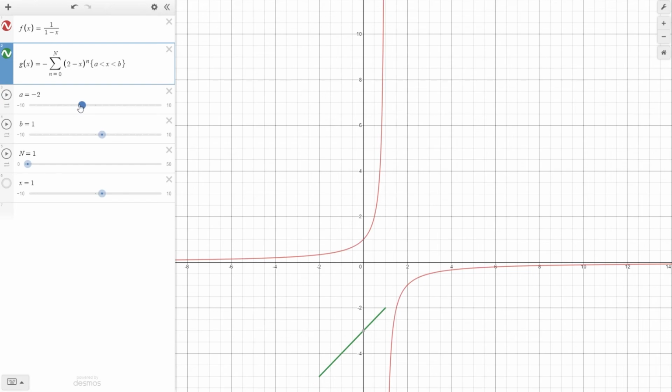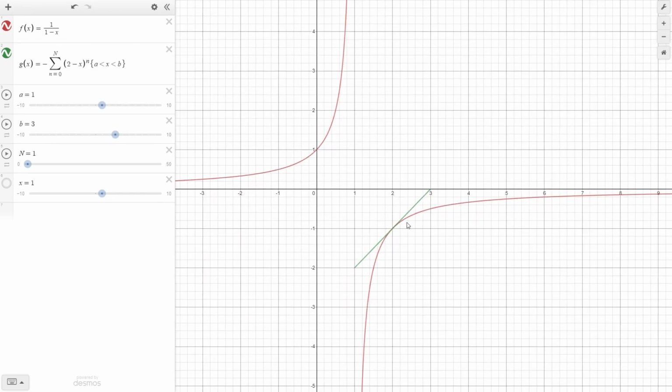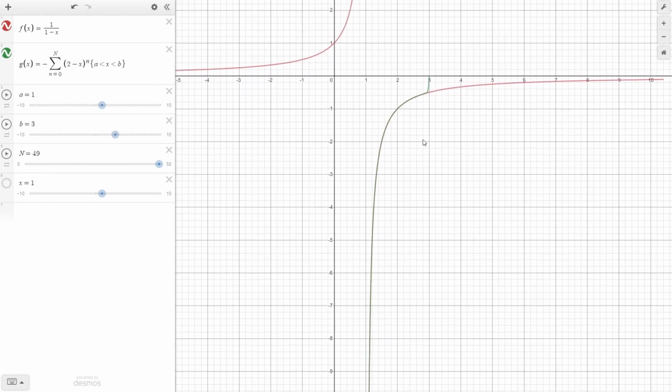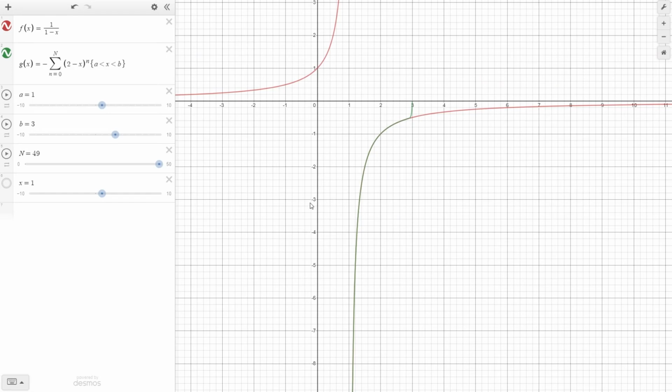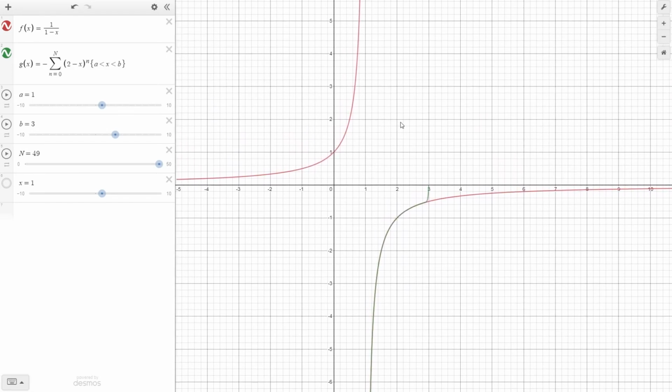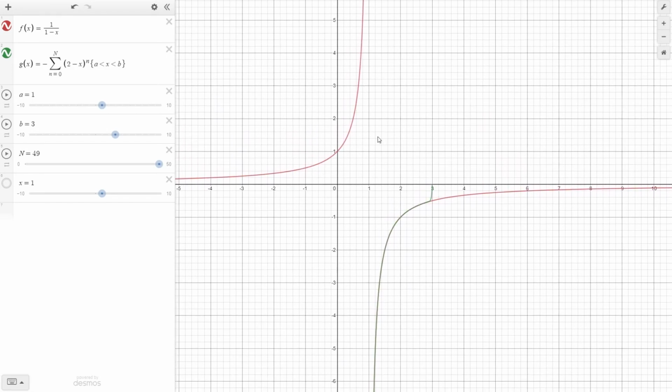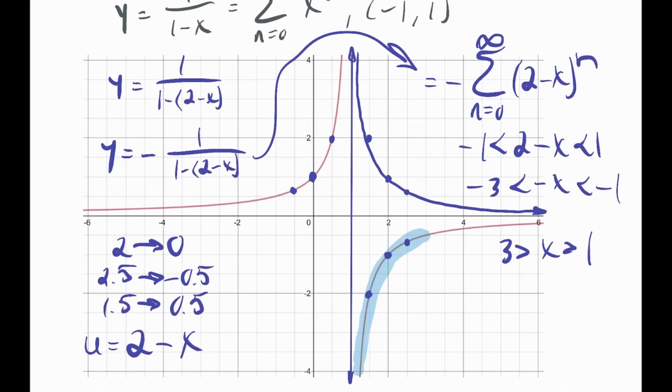And I'm going to change the interval to be from 1 to 3. Okay, so now you can see I've got this line segment on the graph, and if I increase n, now I'm getting a power series representation for that section. It's the same function the whole time, but because I reflected across the axis of symmetry, or I used the symmetries of the graph itself, my symmetry being x equals 1, I flipped over to the other side.